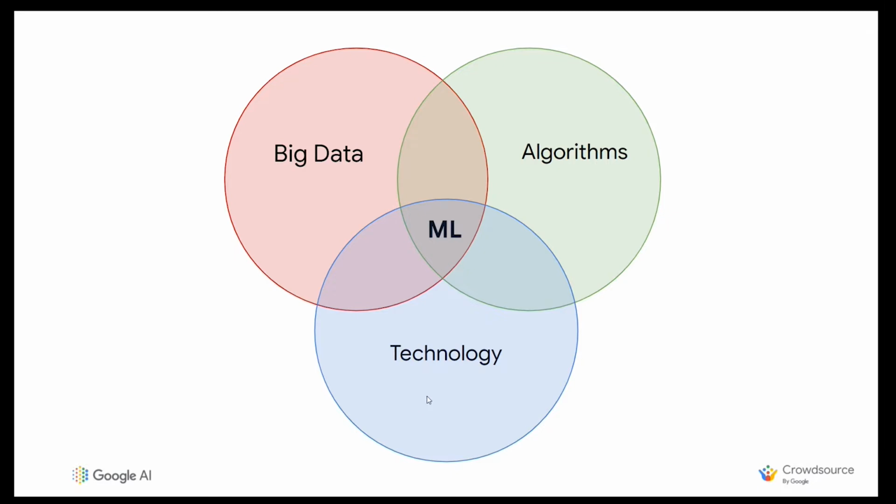Because of improvements in technology and compute power, we were able to generate very good machine learning models which can be used in real-time and real-world applications. So with the collection of all these three important revolutions in our history, we were able to bring machine learning into the real world and solve real applications.